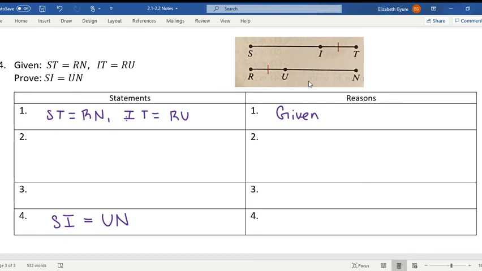So I'm going to say that the measure of ST equals the measure of SI plus the measure of IT, right? My whole segment is equal to my smaller parts added together. And now I can do the same thing with RN. So the measure of RN equals the measure of RU plus the measure of UN. And remember, that is our segment addition postulate that allows us to add up those smaller parts.